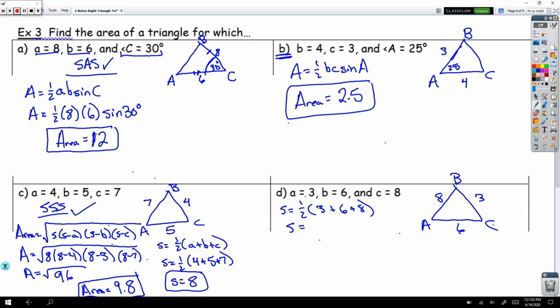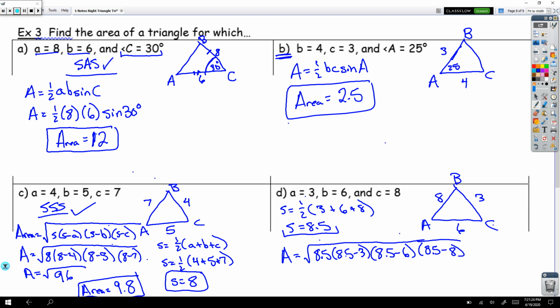So S would be 8.5. Now my area formula, I have 8.5 times 8.5 minus 3 times 8.5 minus 6 times 8.5 minus 8. Punching all that in and finding the square root, the area of this triangle would be 7.6.